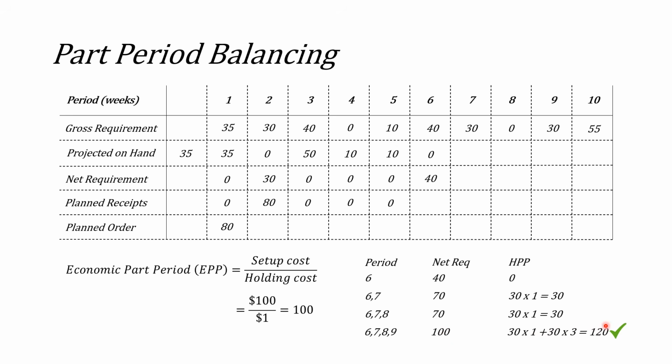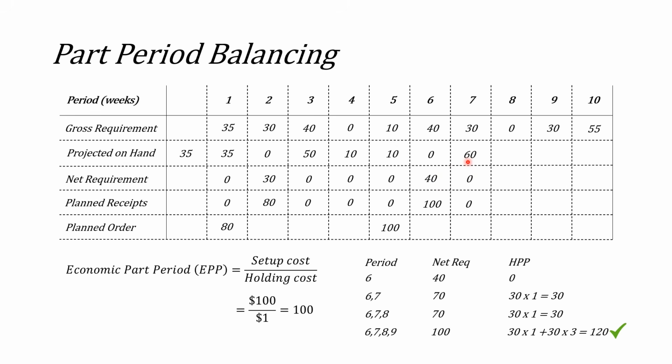Now, if you get a number where they're equidistant from the economic part period, whichever one you pick is going to give you the same answer. So in this case, we placed an order of 100 units, 1 week in advance, right? So if I placed an order of 100 and my net requirement is 40, the remaining 60 units get carried forward to the next month, and I have a gross requirement of 30 units, so I have no net requirements or receipts.